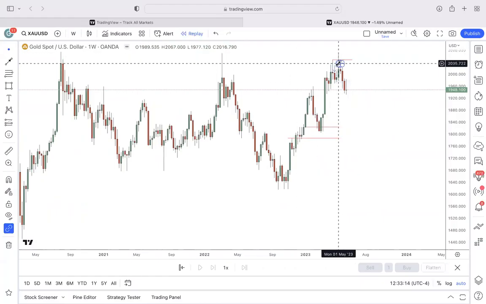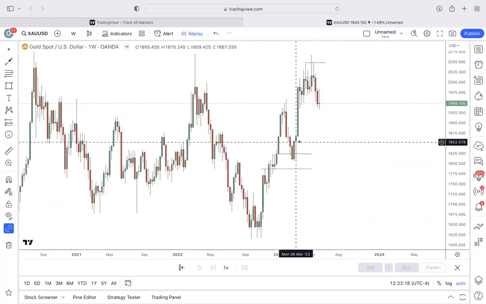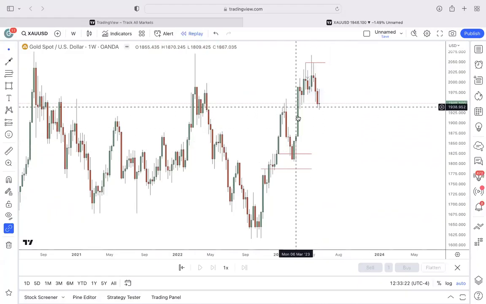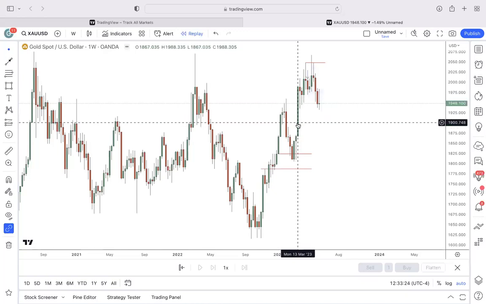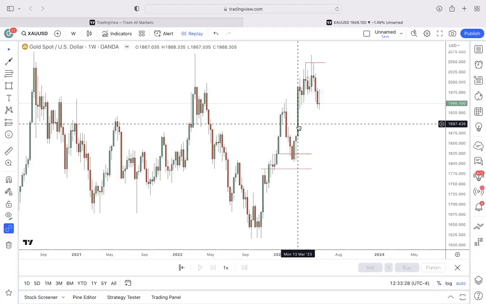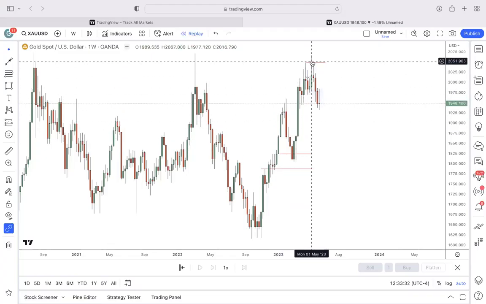I think them coming up here doing this, what they just did, I believe that could be enough. And we could dig down a little bit further into this buy side imbalance. This week right here is what created that monthly, what confirmed that monthly order block. Then we stabbed up in here.